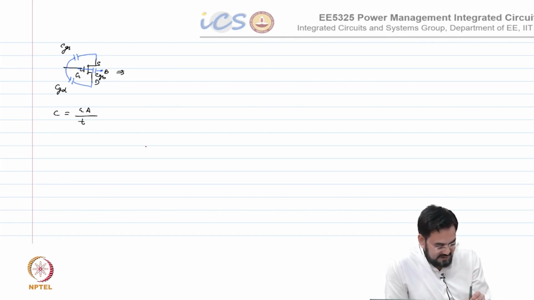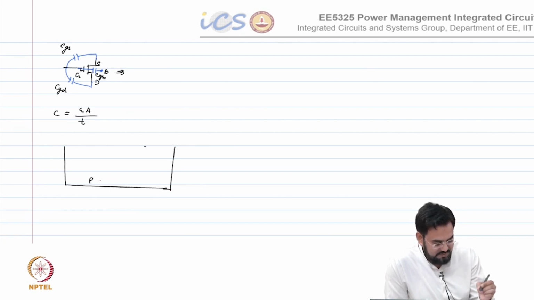So, your MOSFET is like this. This is your substrate, since this is a PMOS, which is fabricated inside an N well. Then you have a P plus diffusion, which forms the source.